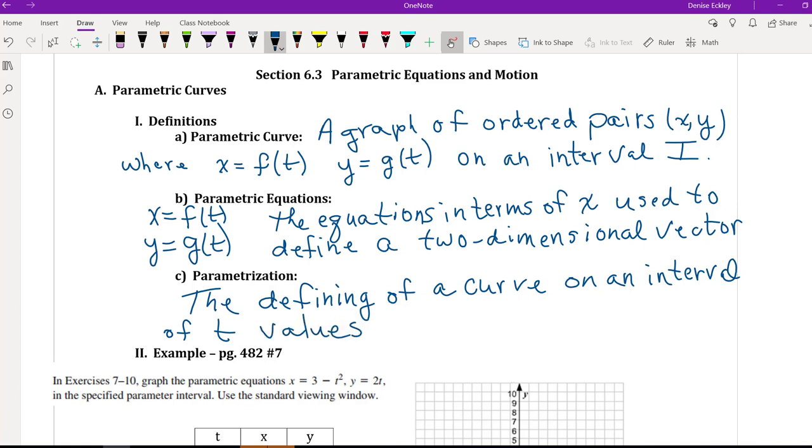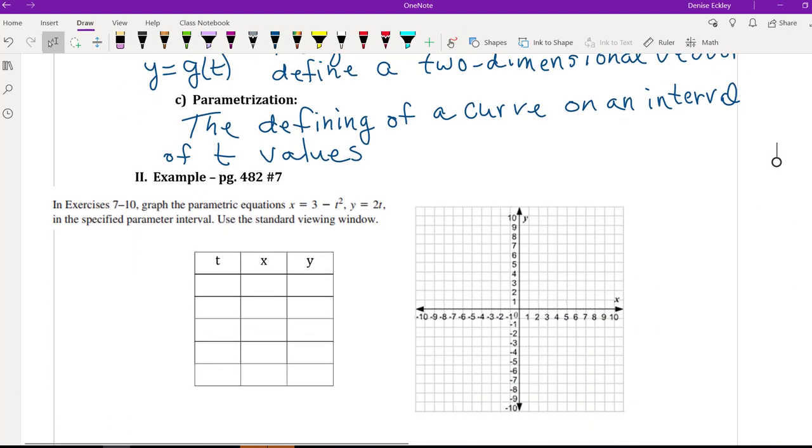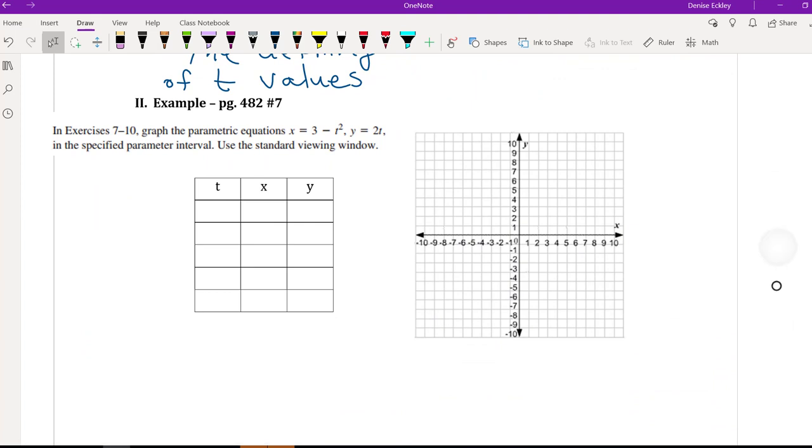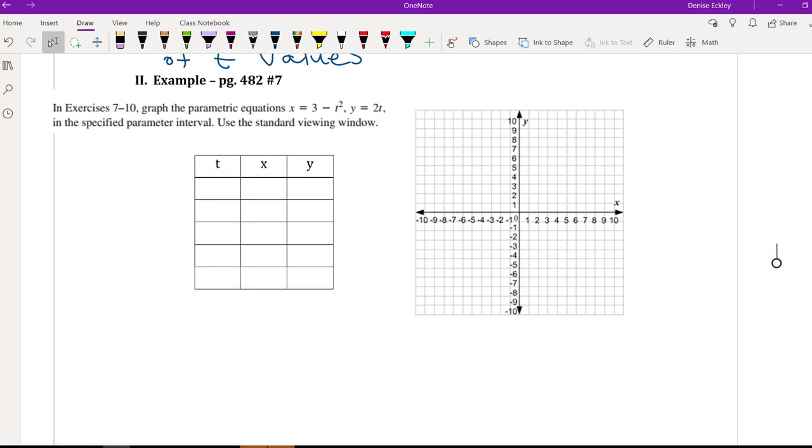Okay, so let's work with some of these types of equations. The first set has to do with reviewing how to graph these. So this is number 7 on page 482, and the directions for that section give you a set of parametric equations, x equals 3 minus t squared and y equals 2t, and we are to graph this set of parametric equations using a standard viewing window.